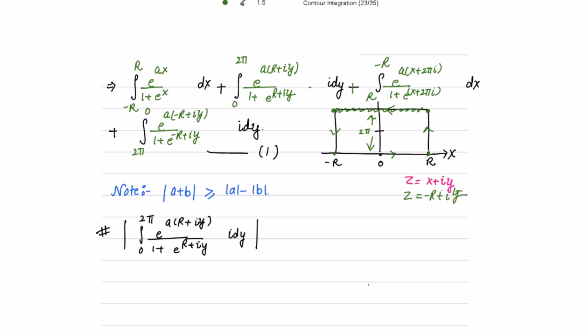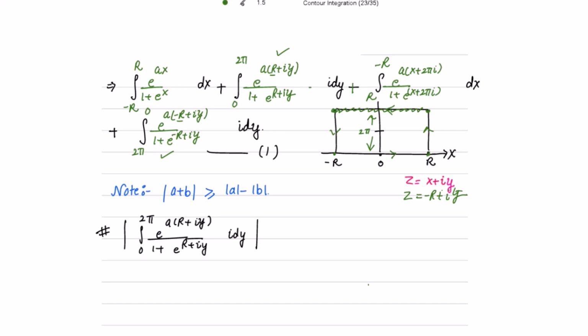So in the integrals where you find capital R, not about the limits, but in the function where you find capital R, just take those integrals and take their mods, and let's check what happens. These integrals will tend to 0 as R tends to infinity. Let's check.